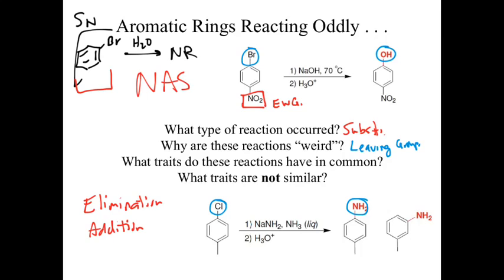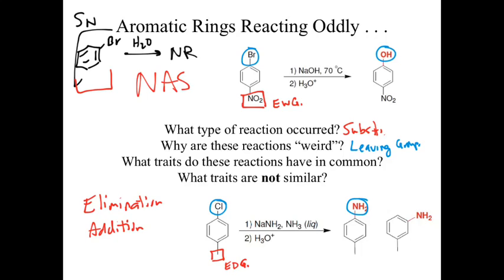And it turns out for the NAS mechanism, that's really critical. We really need that electron withdrawing group. When we move to the elimination addition, it is even more weird, because we actually have an electron donating group. So even that doesn't seem to be consistent with either of these mechanisms. So maybe there's something else going on.